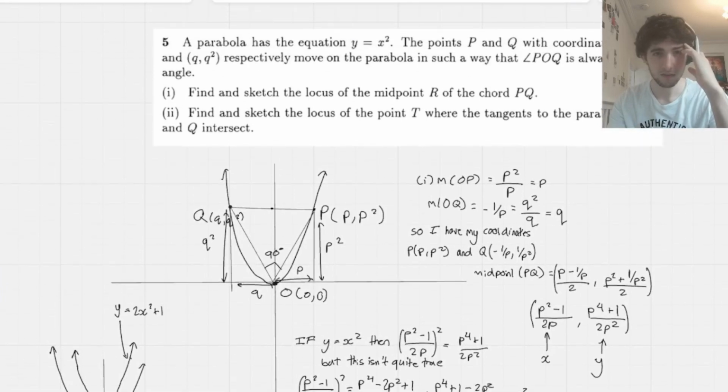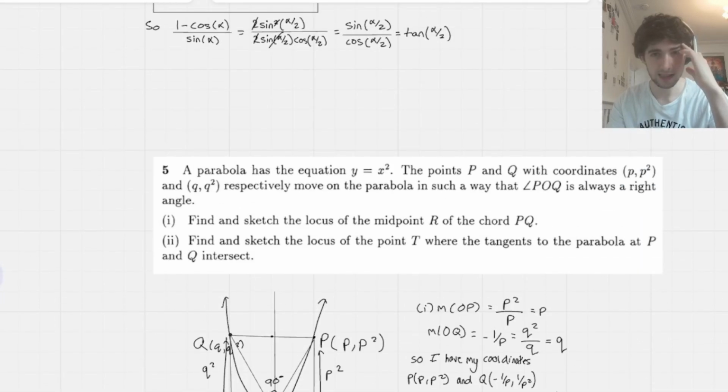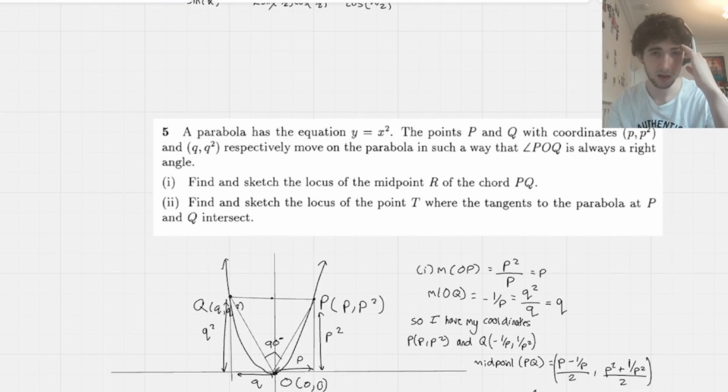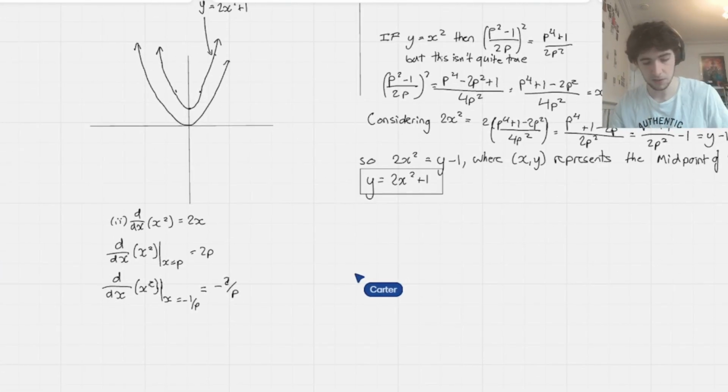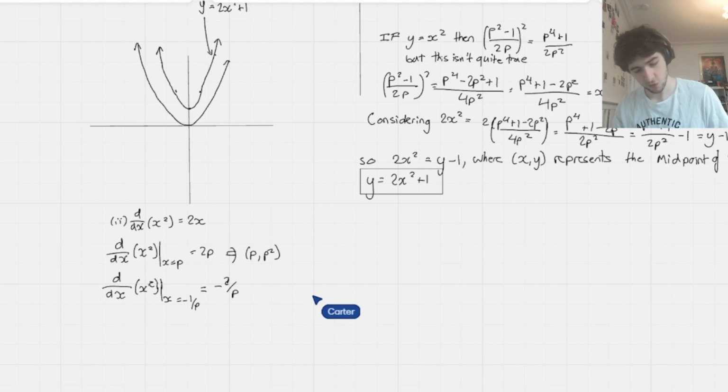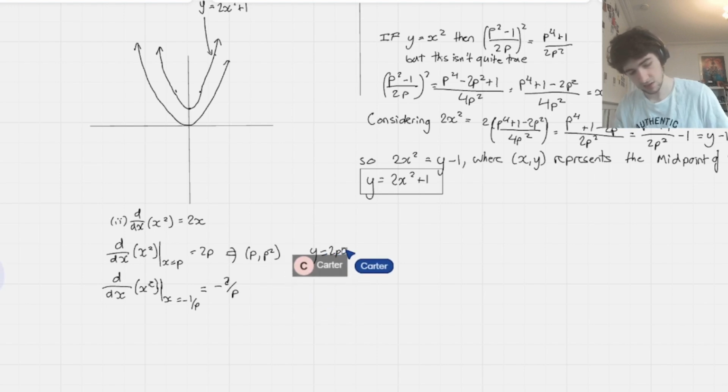Okay. Well, I'm thinking I can set up the equation for my tangent. It's just a line, right? So if my tangent has gradient 2p and passes through the point (p, p squared), then it must be of the form y is equal to 2px minus p squared, right?